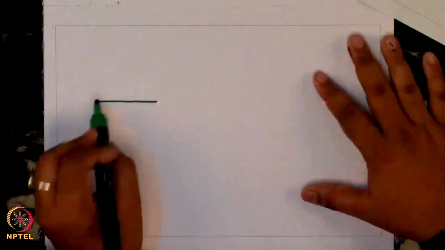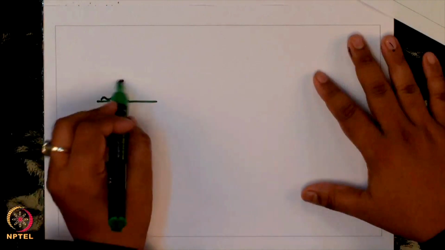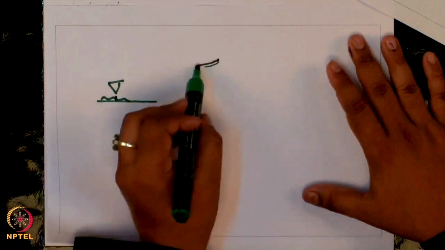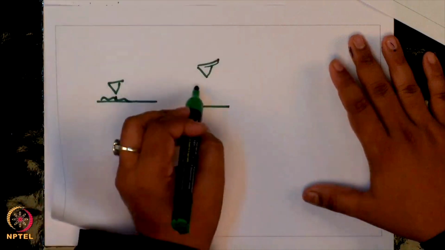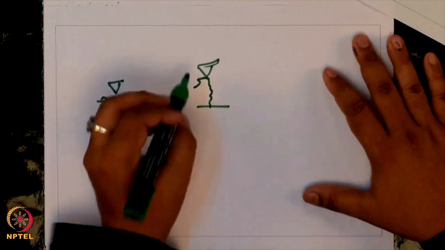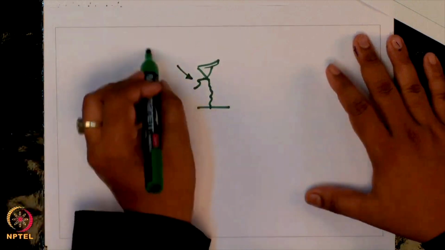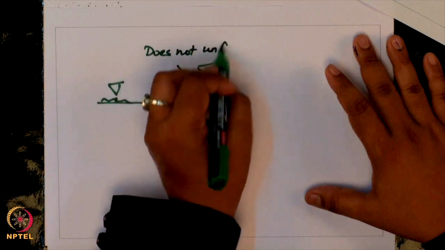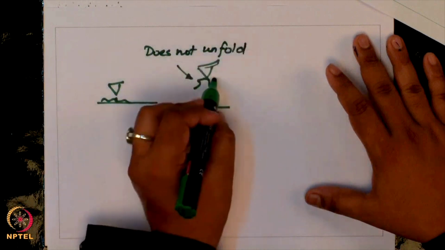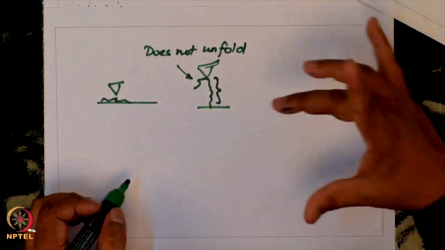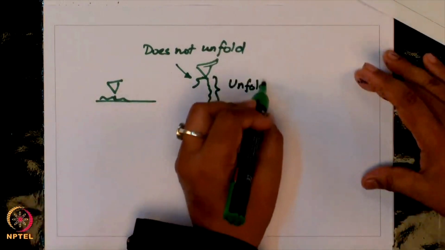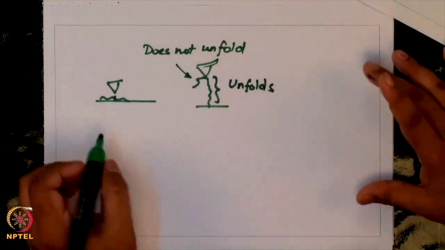The reason for that I explained in the last class: when your protein is adsorbed, you have no control over where your tip hits the protein. Once the tip starts going up, you have an overhanging portion, which does not unfold. Only the segment which is being stretched unfolds.